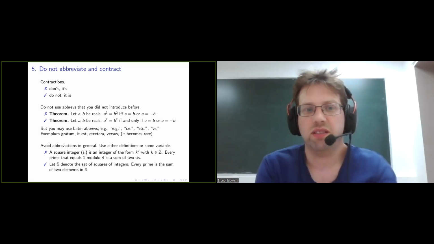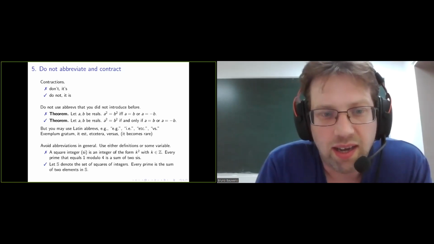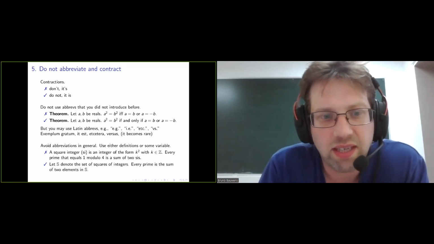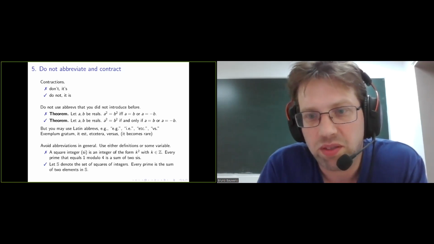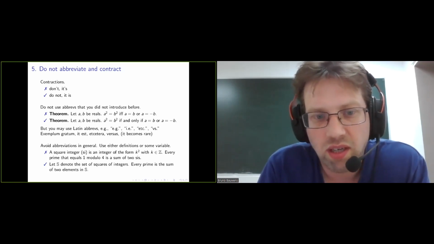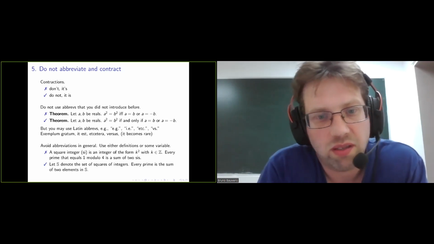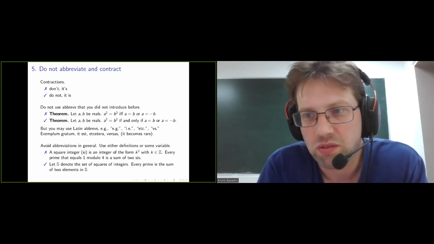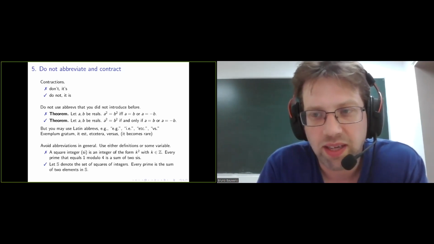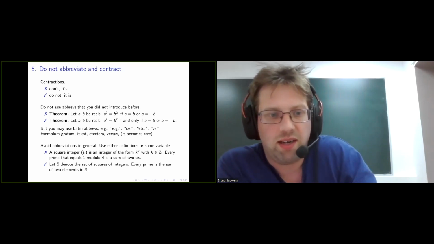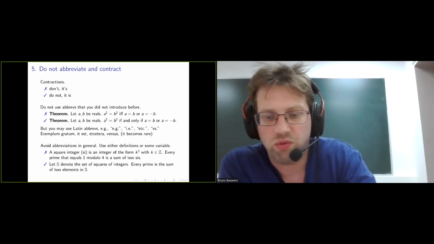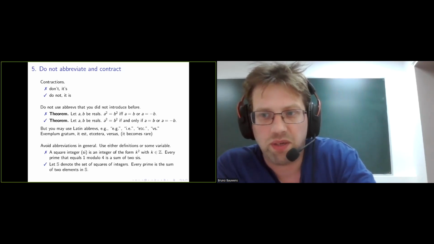Okay, and in the bad example at the bottom is "square integer" followed by SI between brackets. That's how people introduce abbreviations. But usually in math, there are other solutions. You can use symbols, like in the last example. I don't see any reason to use abbreviations in math papers.